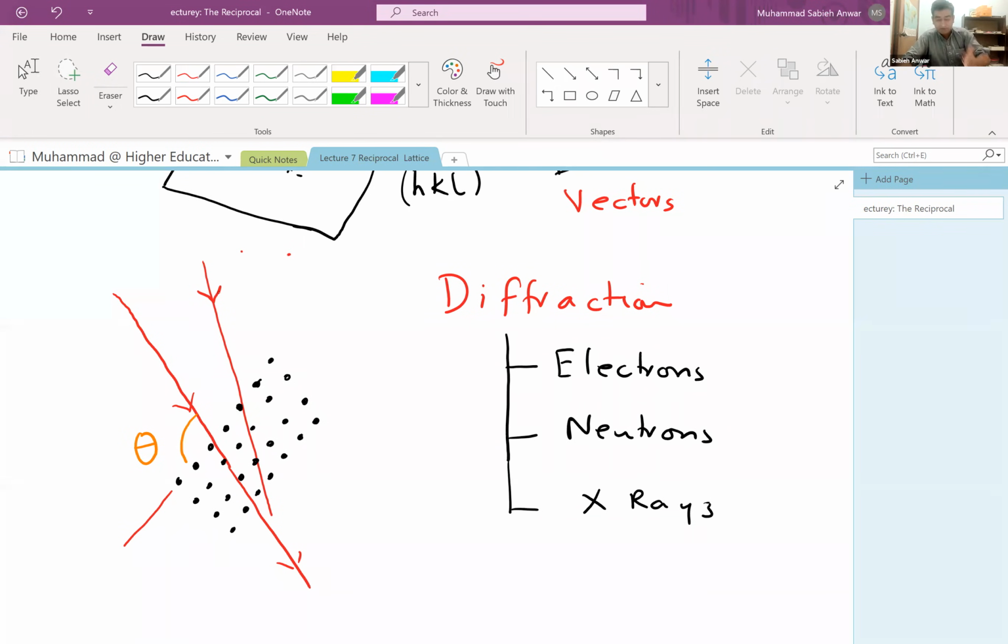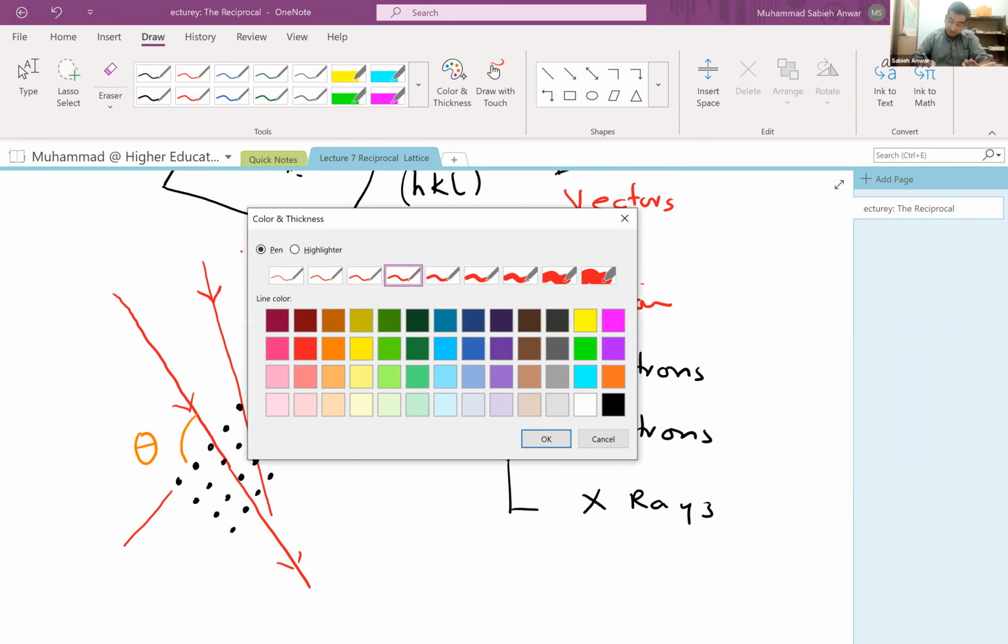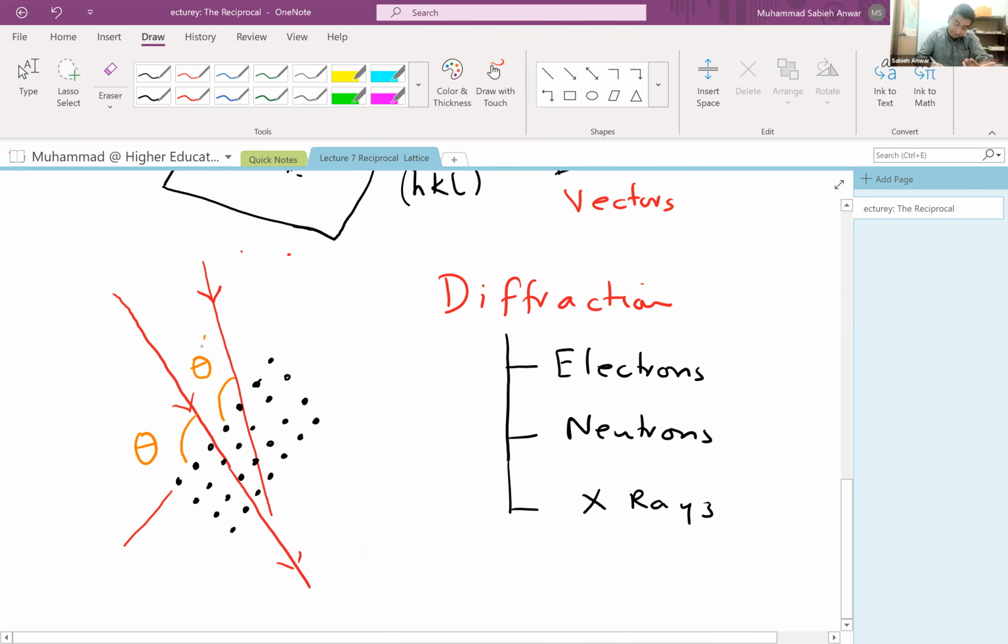However, for simplicity, I'm just showing this in an equivalent fashion by rotating the orientation of the X-ray beam. A new angle is formed between the planes and the X-ray beam, and still no reflection occurs. The X-rays pass straight through.